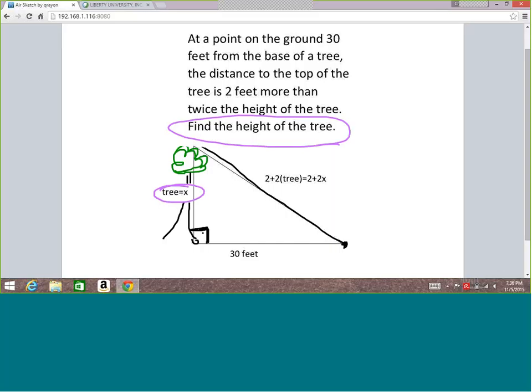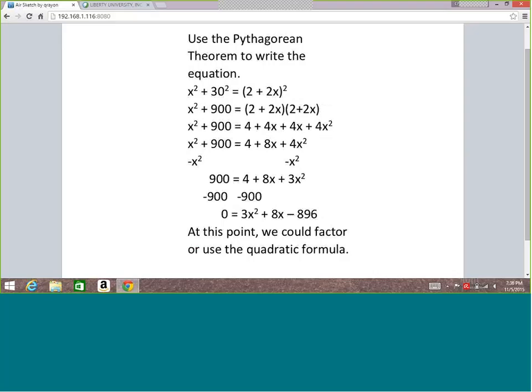Okay, so we're going to use the Pythagorean theorem to write an equation. So there's my leg of x, and my other leg of 30, and each of those being squared is equal to (2 plus 2x) squared. That's the hypotenuse squared. Now, I want to warn you that (2 plus 2x) squared is not 4 plus 4x squared.